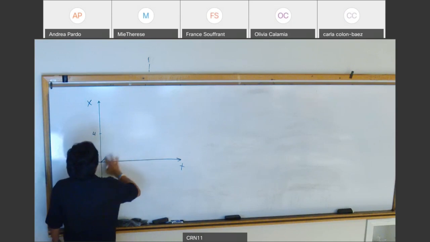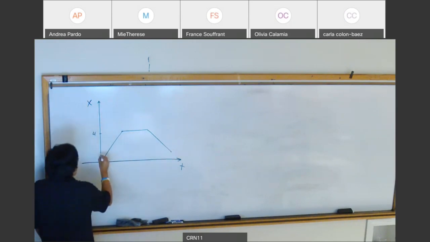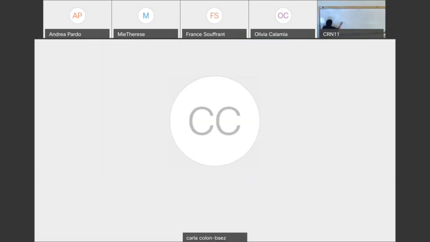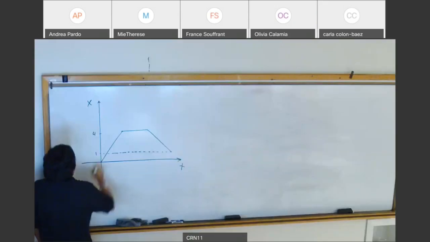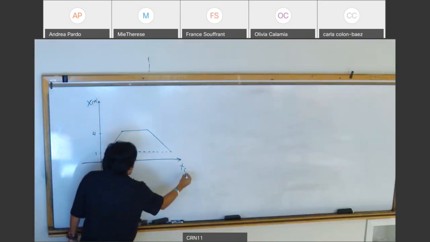You keep going like this, and then you finish at 1. The position is in meters, and the time is in seconds.